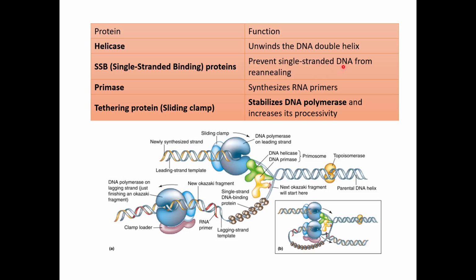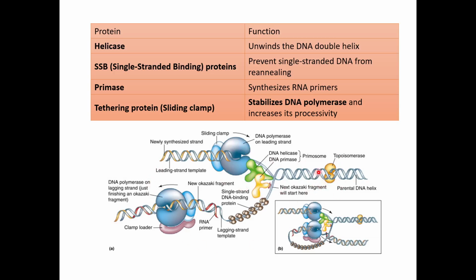This prevents the single strand DNA from re-annealing to the complementary strand. So once helicase opens the strands, there is a very high chance of the strands re-annealing together. So if it re-anneals, the DNA pol cannot bind to the single strand. So to prevent this re-annealing, we have single stranded binding proteins here.